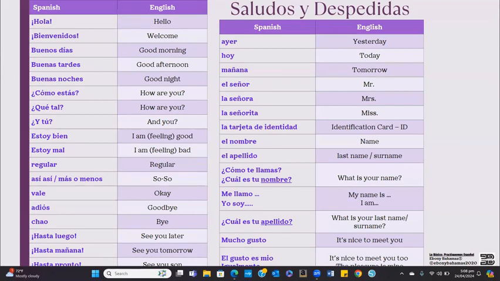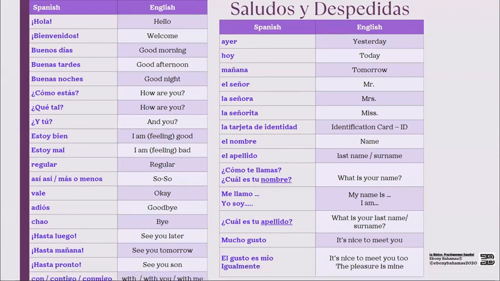Now, if you look at the other side that speaks about yesterday, today, tomorrow, again, this will come in whenever you are writing about anything. You will have to use words in terms of time, whether that's the actual time or time words like yesterday, today, tomorrow.